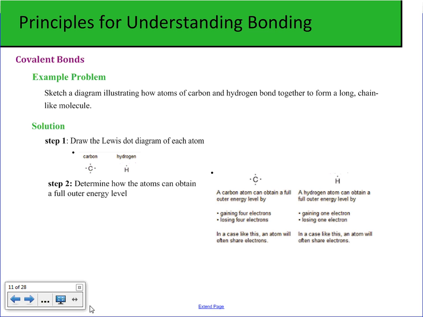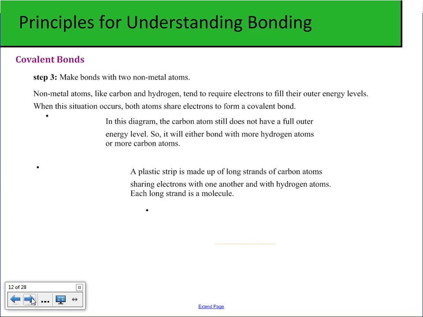A carbon atom can obtain a full outer energy level by either gaining 4 electrons or by losing 4 electrons. In cases like this, an atom will often share electrons. And a hydrogen atom can obtain a full outer energy level by either gaining 1 electron or losing 1 electron, and in this case, the atom will often share electrons.